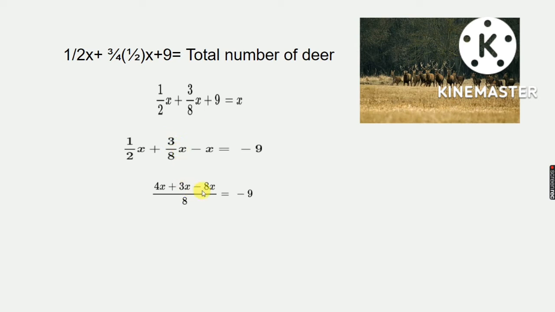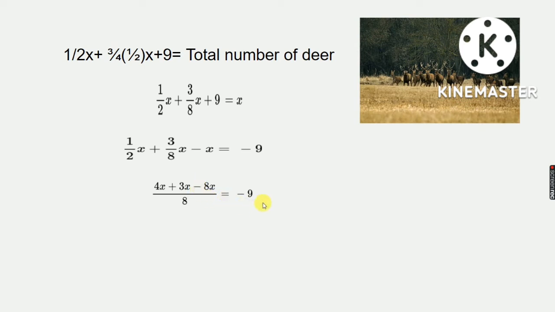Here in the denominator there is 1. 8 divided by 1, we got 8. 8 multiplied by x, we got 8x. But it is with a negative sign, so here we have put the negative sign. Is equal to minus 9.